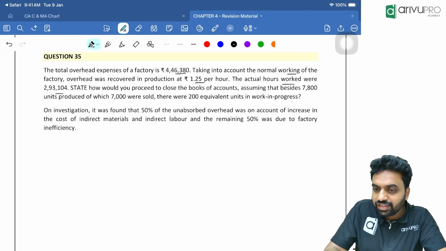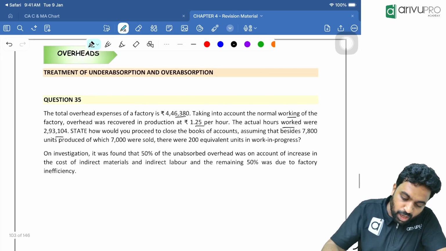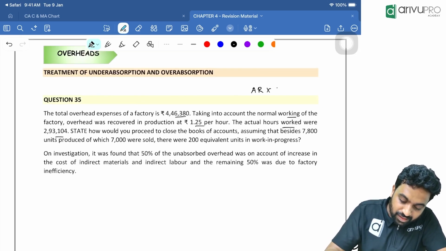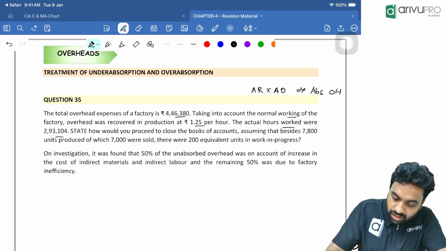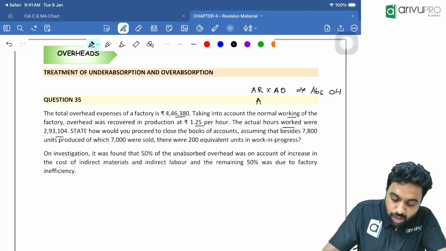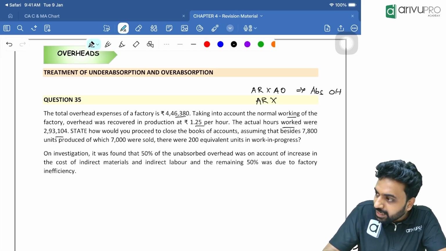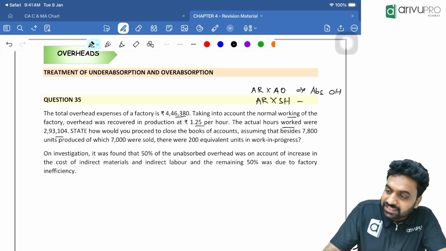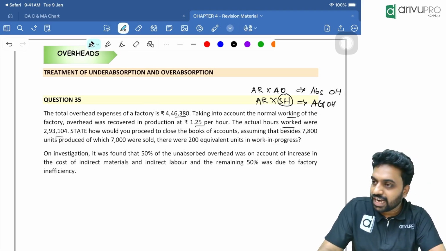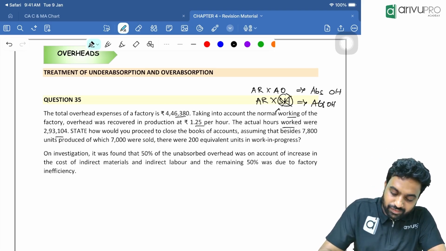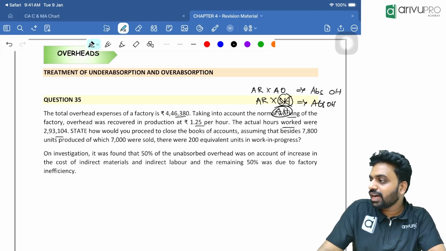I repeat again: on a unit basis, the absorption rate should be multiplied with actual output to arrive at absorbed overhead. On an hours basis, the absorption rate will be multiplied with standard hours to arrive at absorbed overhead. However, generally in the overhead chapter, they don't give standard hours information. That's why we will multiply with actual hours.